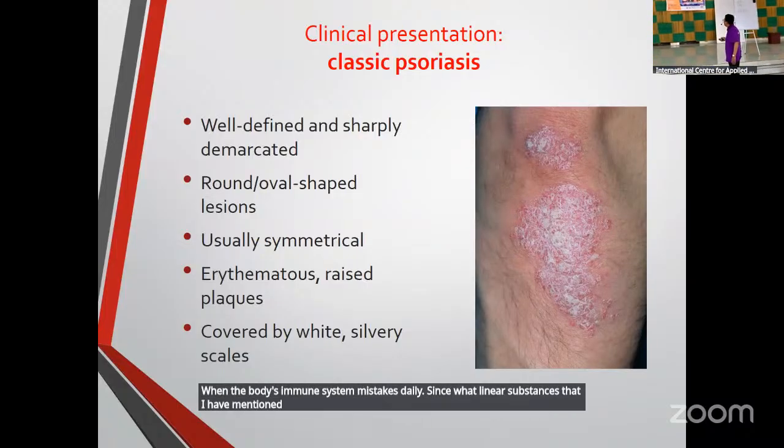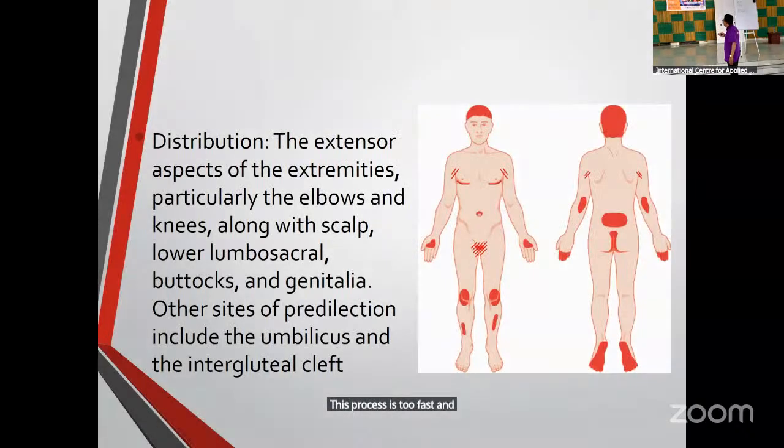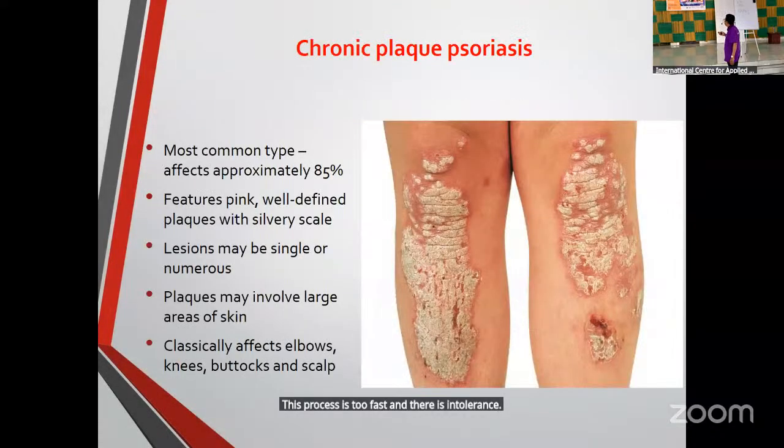Skin cells grow deep in the skin and normally rise to the surface about once a month. In a person with psoriasis, this process is too fast and dead skin cells build up on the skin surface.